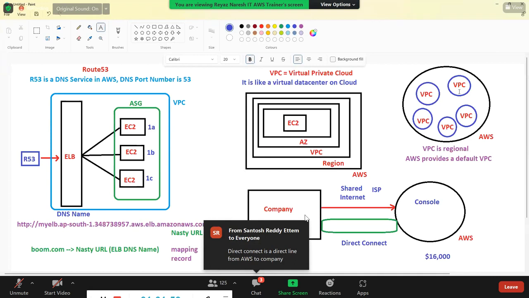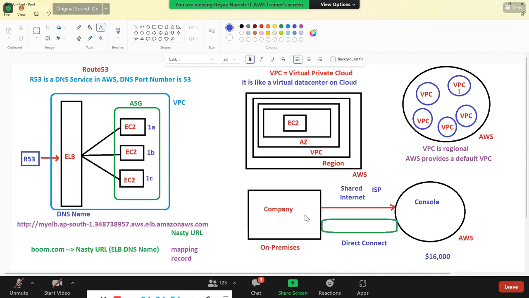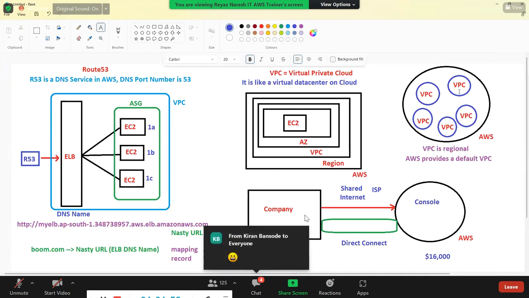What they do is they'll open the material and read everything, and they'll get unnecessarily confused. So for that reason, whatever topics I have completed, I'll be sending those topics only. I'm more concerned about you.